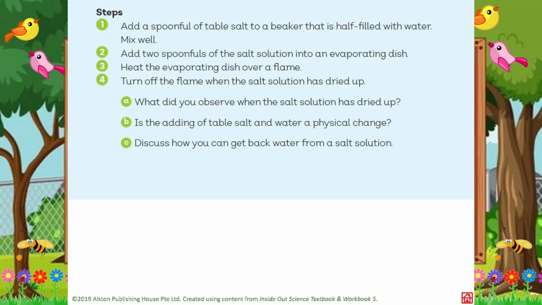Then we can get back water from the salt solution through the process of condensation. So we cool down the gaseous water, the water that turns into a liquid, we can condense that, and then we are going to cool it down, and then now it will become liquid again.